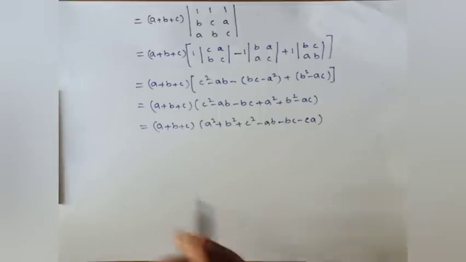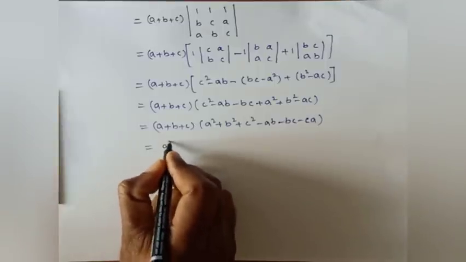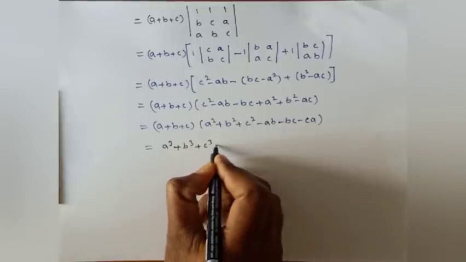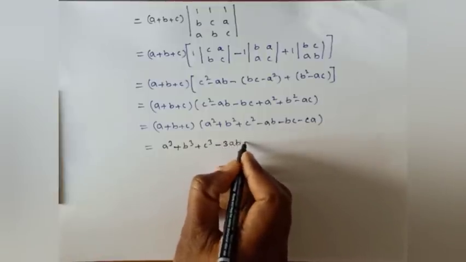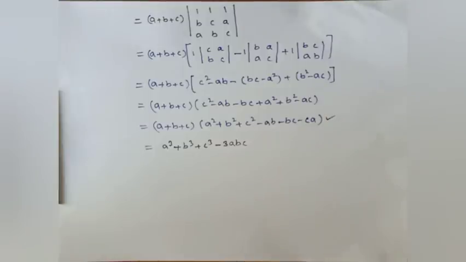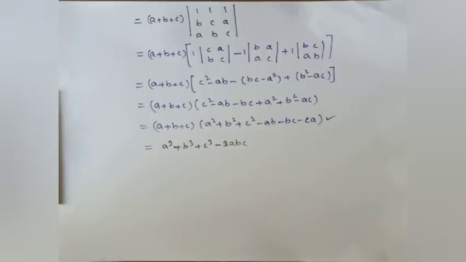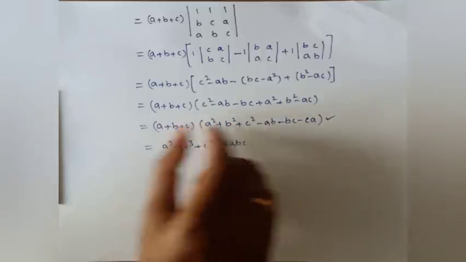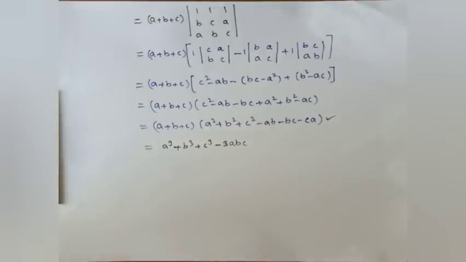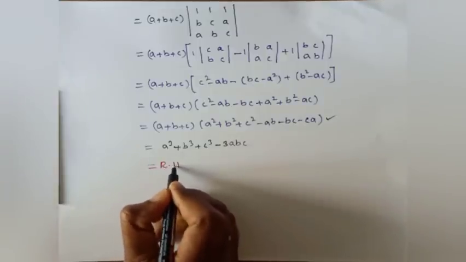Okay, then if we multiply these two things, we get a cube plus b cube plus c cube minus 3abc. You already know this formula from high school level, maybe it exists in 8th or 9th class. So the product of these two things is directly a cube plus b cube plus c cube minus 3abc. So this is our RHS part.